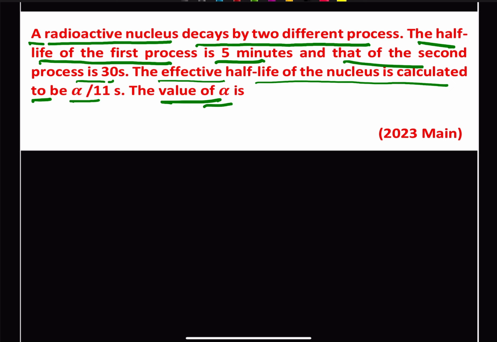So we are given that there are two independent processes. So let us state that for the first process the half-life is 5 minutes. So we say half-life of the first process, that is T1, is given as 5 minutes, or we can say 300 seconds.